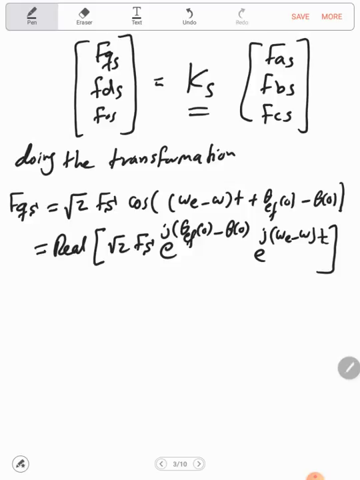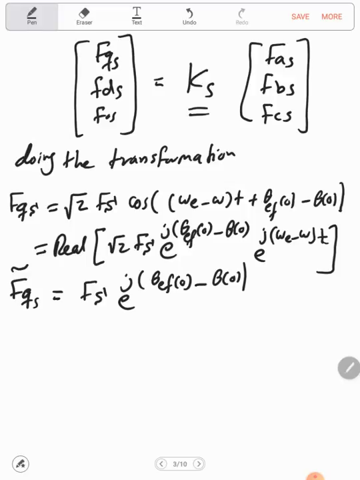So as a phasor, FQS will equal Fs exponential of j theta ef of 0 minus theta of 0. So this is the phasor representation for the function acting along the q-axis.